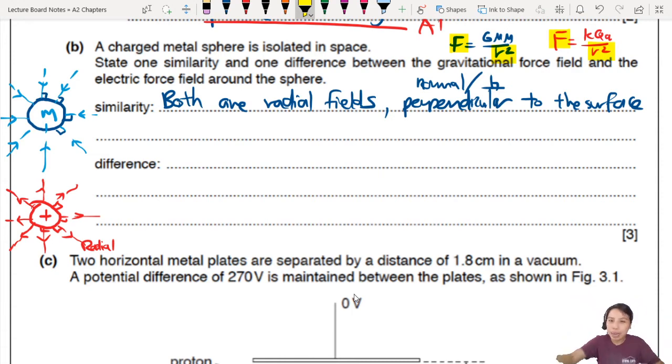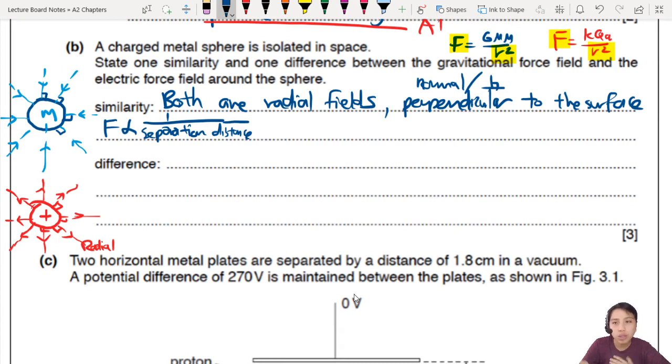Did they copy each other? I'm pretty sure they did, because the pattern is literally the same. So that is another possible similarity where you can say that the force is proportional to 1 over the separation distance squared between the two objects. This can be electric force or gravitational force. You still have the same relationship.